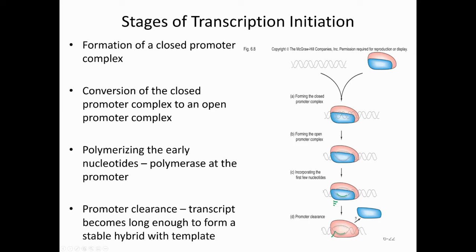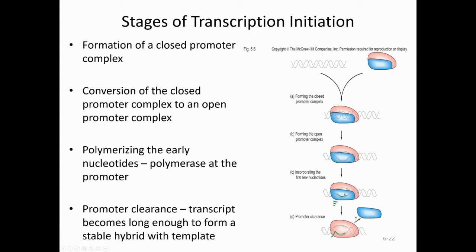It pauses there, and in the next step it opens up the double helix, giving the open promoter complex. Once you have the open promoter complex, you incorporate the first few nucleotides and start transcription, around 9 to 12 nucleotides long.